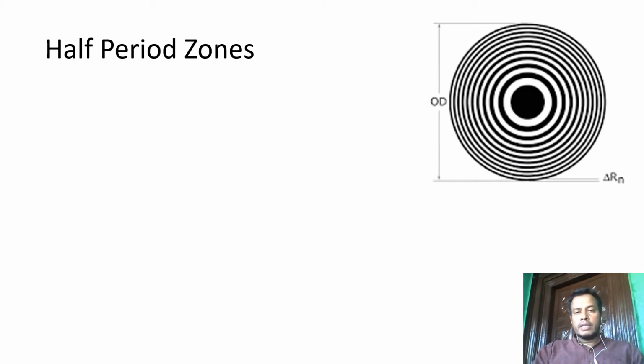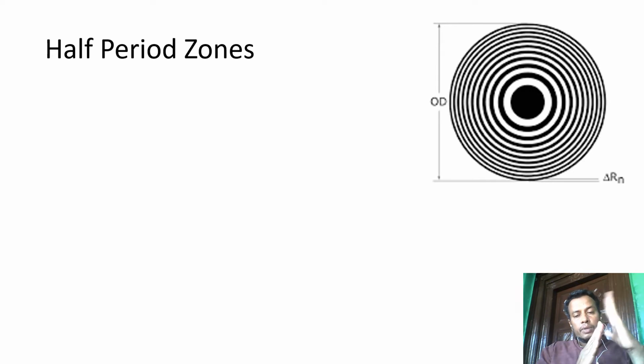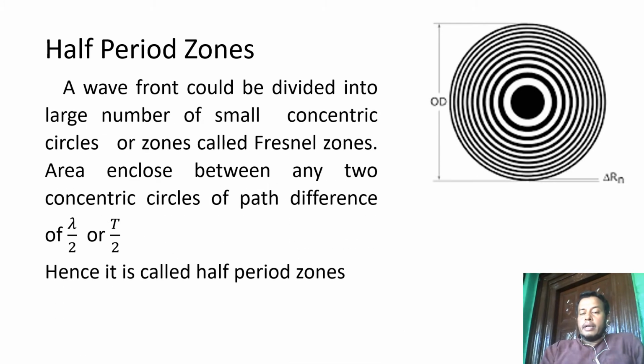Seeing this figure, when the light is incident on a slit, the secondary wavelets will be produced in this slit. So this wavefront will be made into very small concentric circles or zones, and these circles or zones are called Fresnel's zones.